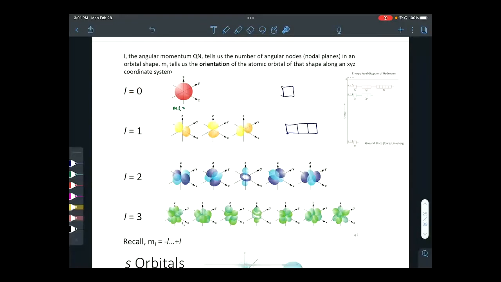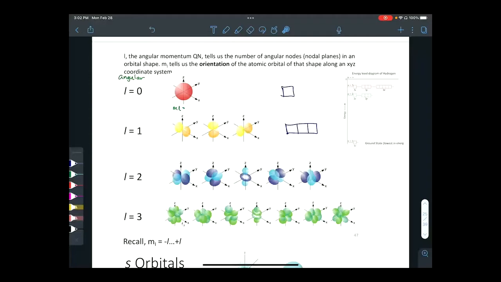All right, so let's remind ourselves, our L quantum number tells us our shape. This number also tells us the number of angular nodes in that shape. So you can see when we have 0 angular nodes, we get this spherical shape. We have a perfect sphere here, and what you see are the sphere and these metal rods, that's our XYZ axis.